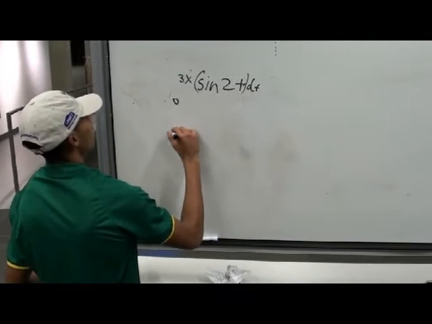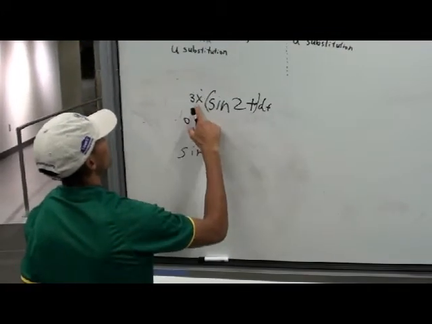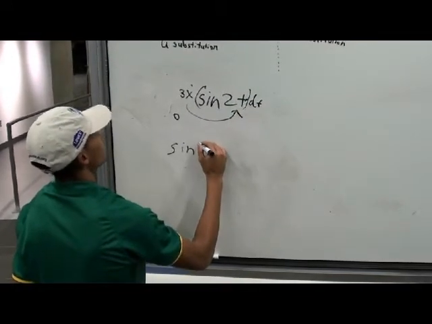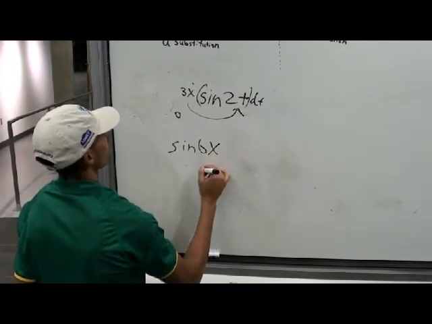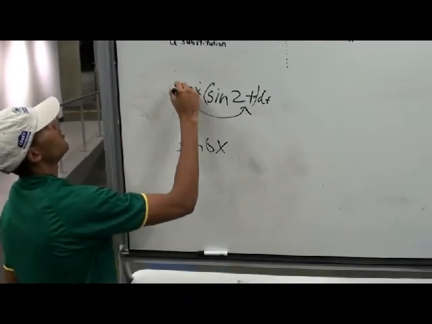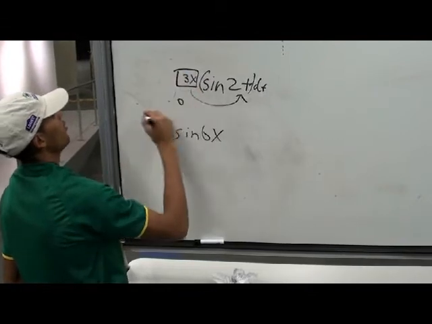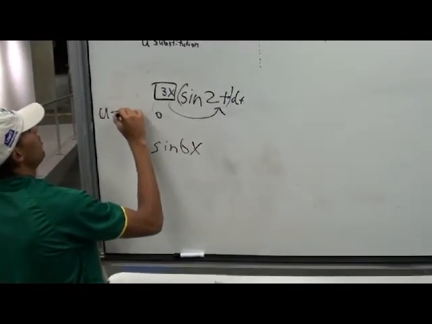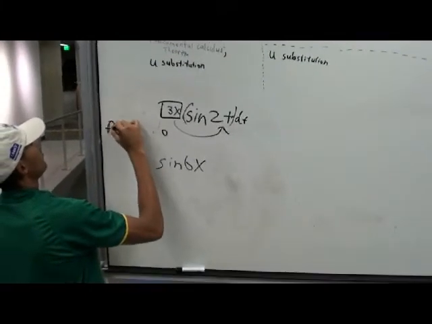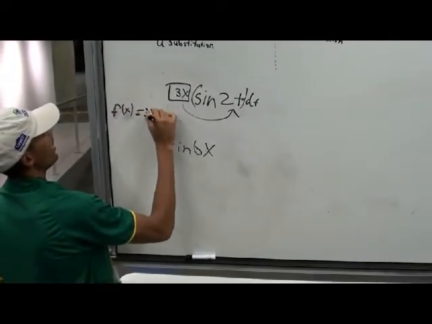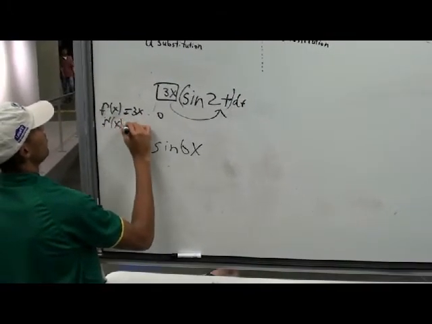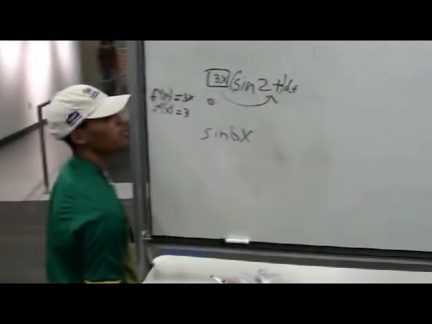So that gives us sine, and 3x comes in for t, so this 3x comes here. So that equals sine of 6x. Okay, but then remember, we have to do the derivative of this thing. So if our function equals 3x, then the derivative of that function just equals 3, right?